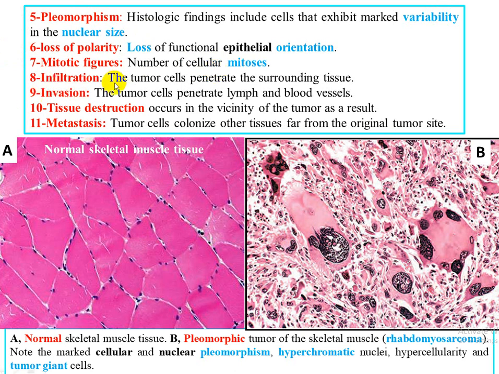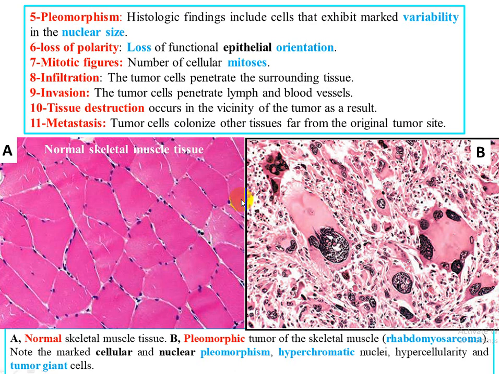Infiltration means invasion of surrounding tissue, blood vessels, and lymphatic vessels, with destruction of adjacent tissue. Metastasis is a characteristic of malignant tumors, meaning detachment of a small mass of malignant tumor from the original mass, which disseminates through either the hematogenous or lymphatogenous route into a distant organ or tissue.